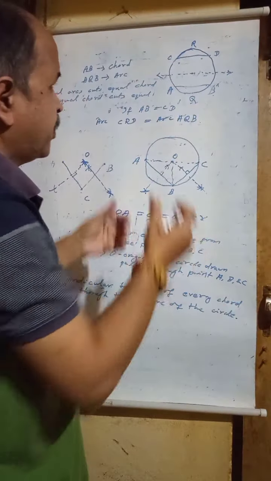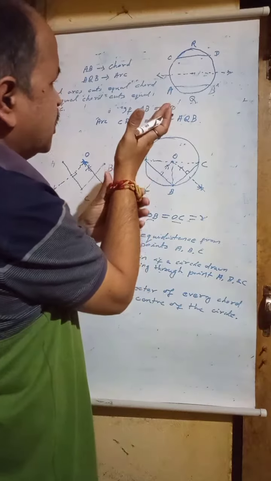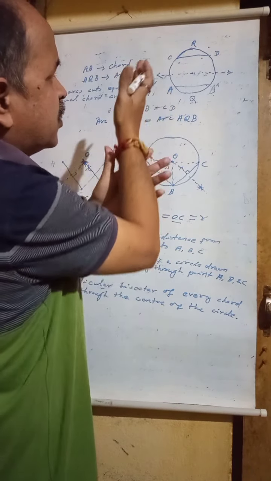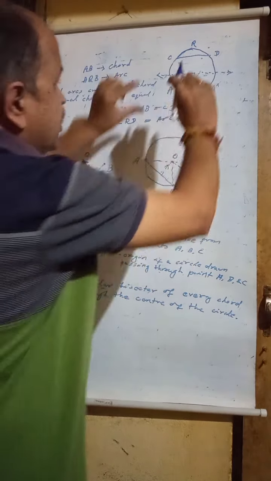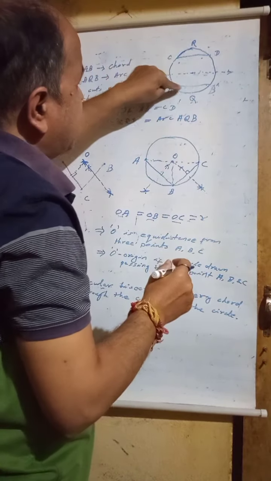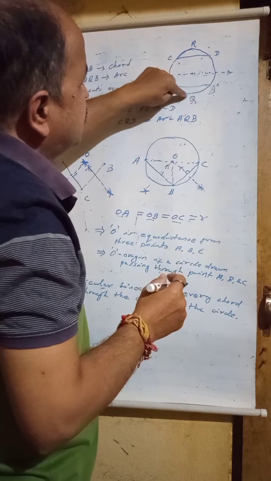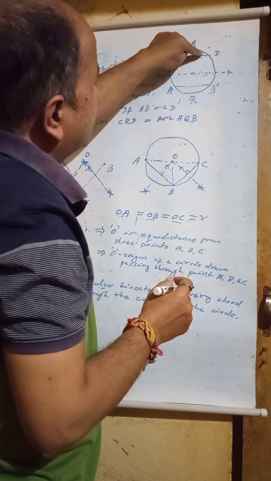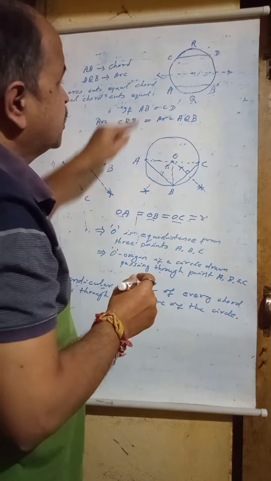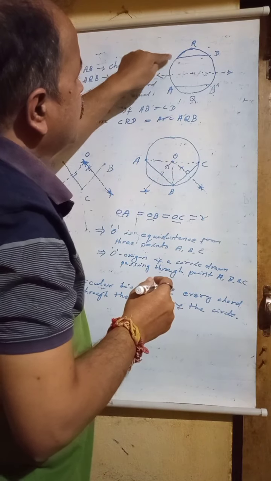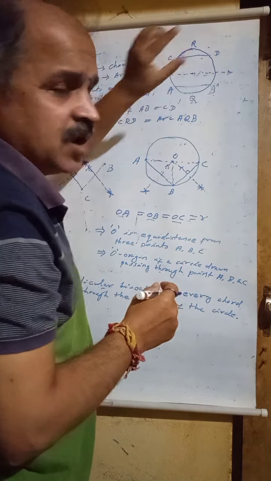If we cut it along this after coinciding, the AB line will coincide with the CD line. If we fold like this, then the AB line will coincide with the CD line. As AB and CD are equal, this part and this part will be equal, that is AQB and CRD.